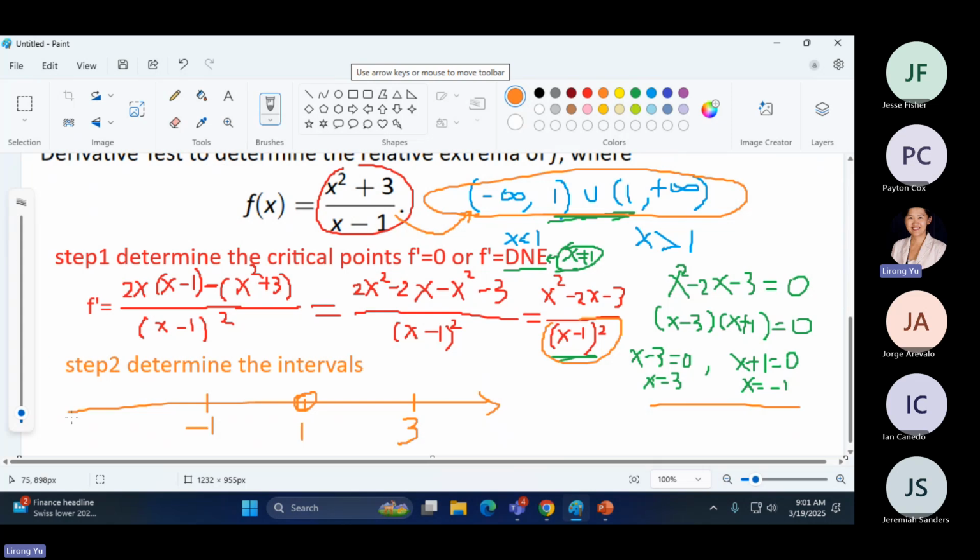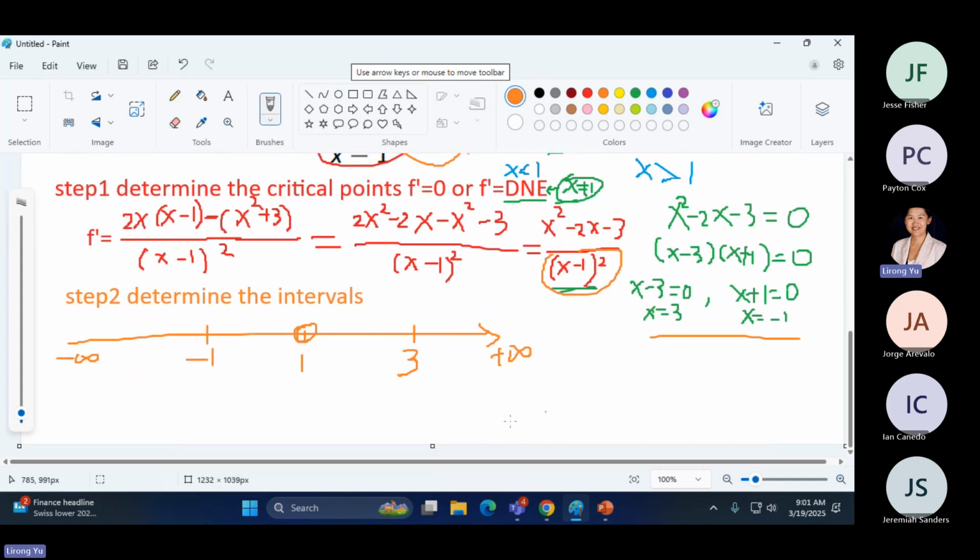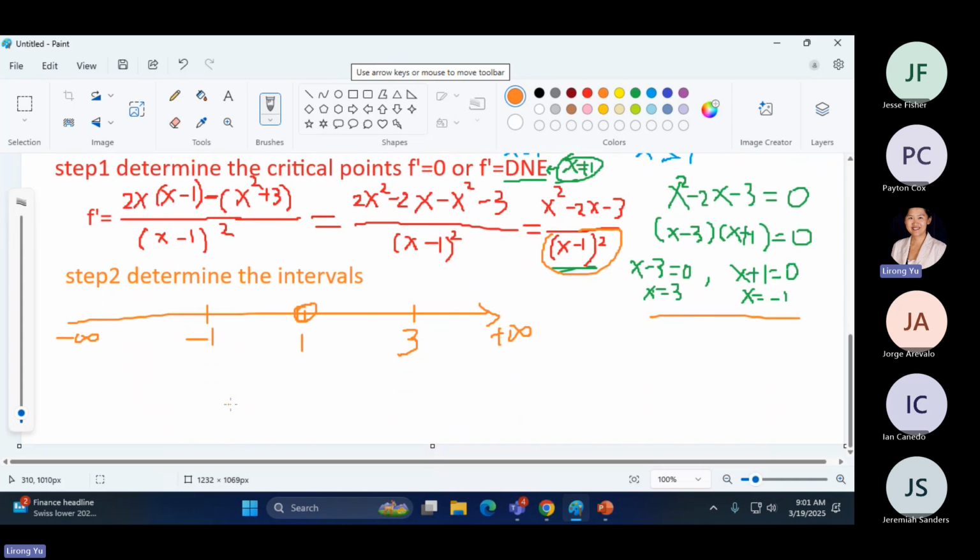Now we have our intervals. It's negative infinity on the left and positive infinity on the right. So you can see we have 3 special points that separate the number line into 4 intervals. Let's write those intervals out. You have negative infinity to -1, and -1 is a continuous point, so -1 is okay, with a square bracket. Then -1 to 1, but remember, 1 has to be a round bracket because if x equals 1, it would be undefined.